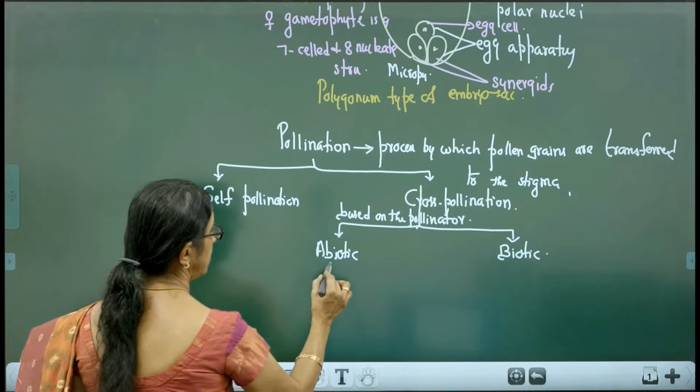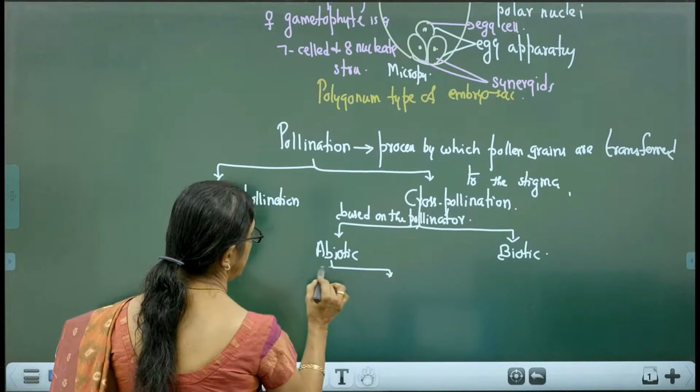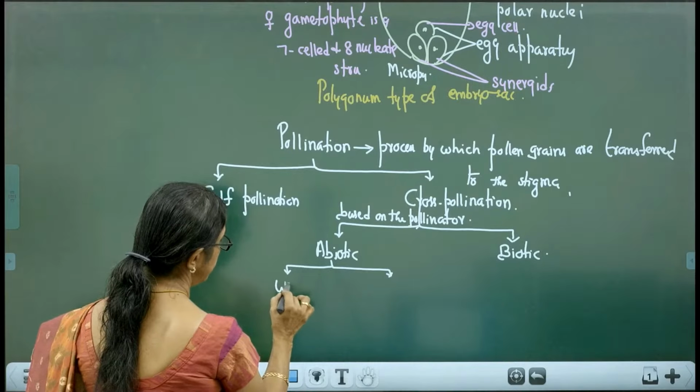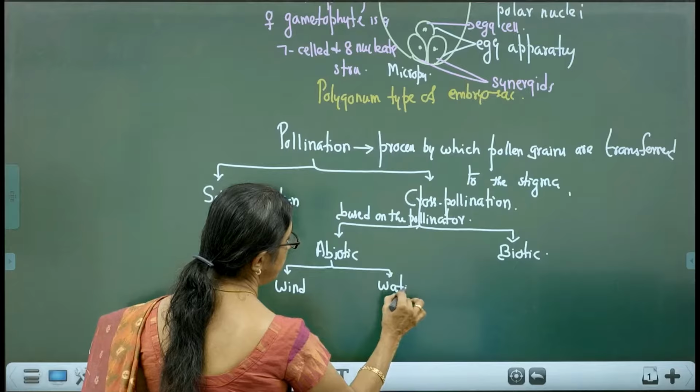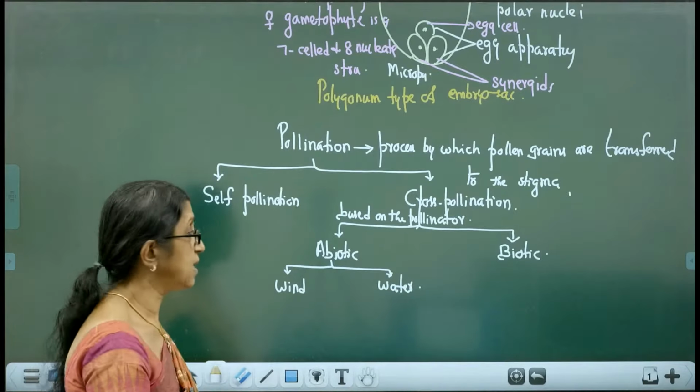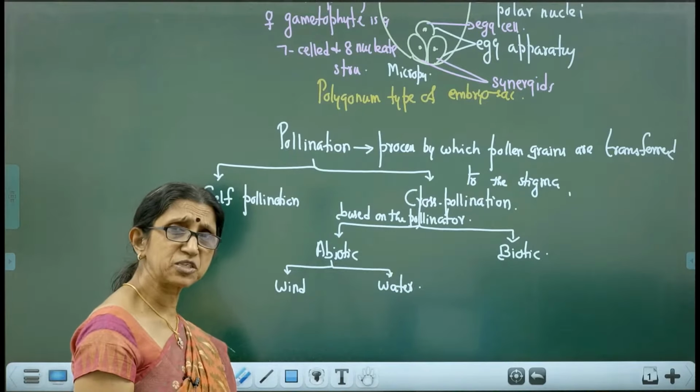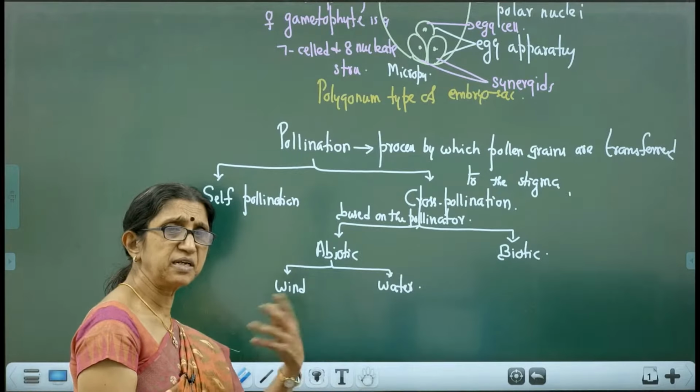Abiotic: one wind, the other water. The agents are wind and water. And then biotic, based on the nature of the pollinating agent, different types we can see.